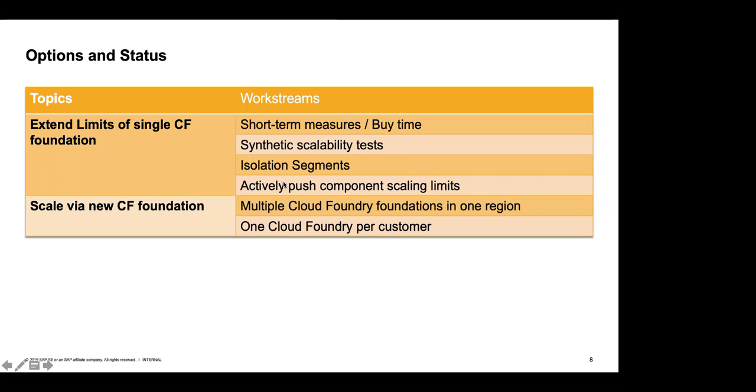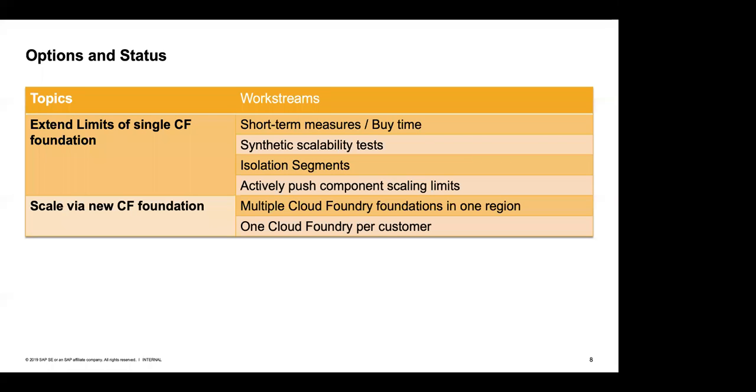And then last but not least, and this is because it's open source, this is the way you should be doing things. We are also active in terms of pushing the scaling limits of individual components. And that obviously also has a set of ways how you can achieve that.